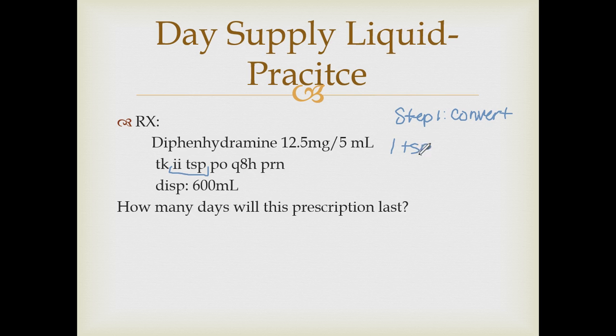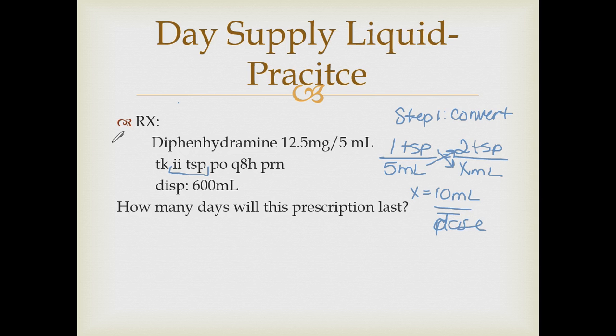So I already know that 1 teaspoon is to 5 mLs, as 2 teaspoons is to x mL. I'm going to cross multiply, and I have x is equal to 10 mLs, and that's 10 mLs per my dose. Step 2 is I'm going to solve for my day supply.